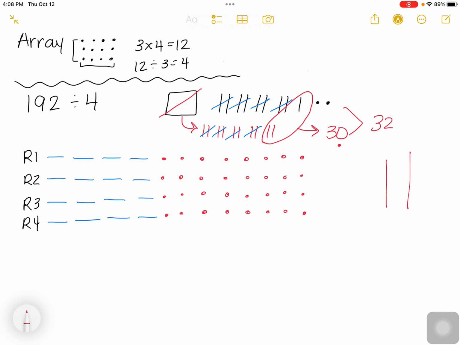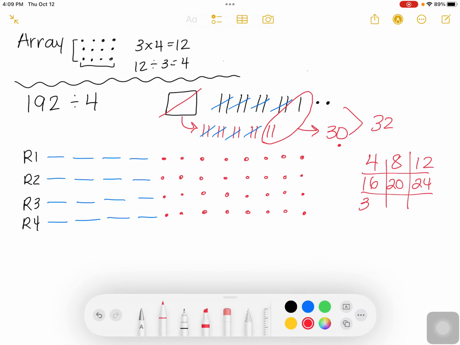We're very familiar with this tic-tac-toe here where we're skip counting. So because we're dividing by 4, we would skip count by 4. And this is how we are using these representations to help us make relationships between our multiplication and division. For example, right here, I was distributing these 32 ones.